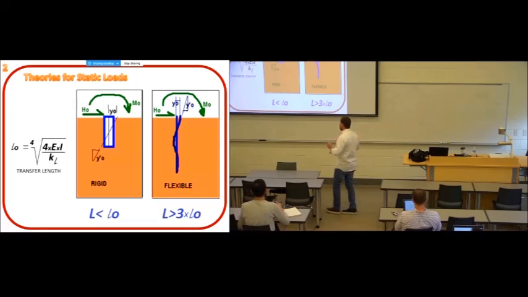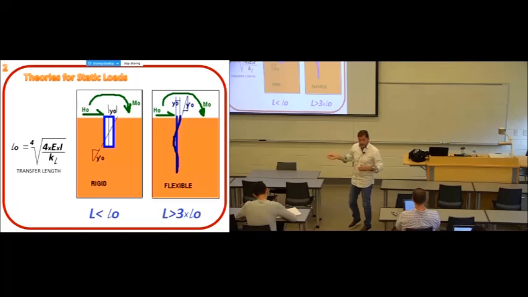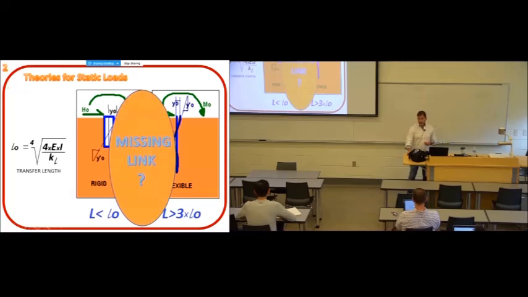If the length of the pile is less than L0, you have to do the rigid pile theory. If the length is more than 3 times L0, the pile becomes flexible. And we will see what is flexible. What do you do in between?